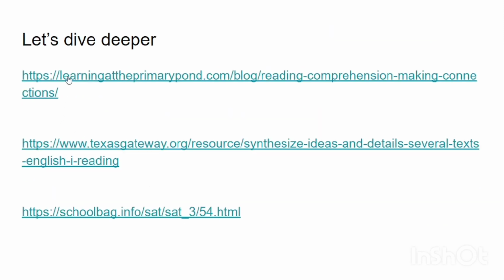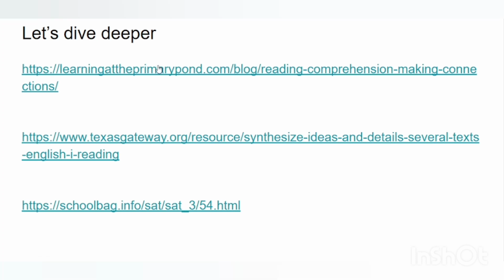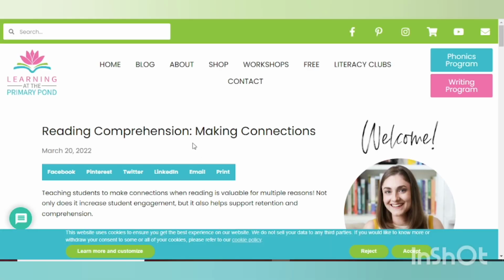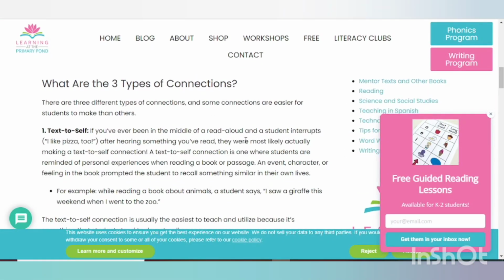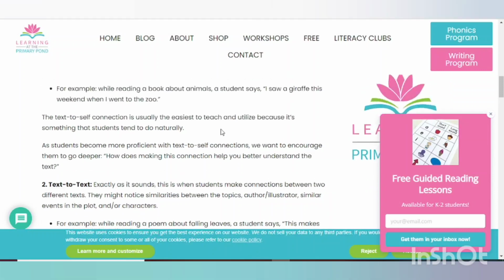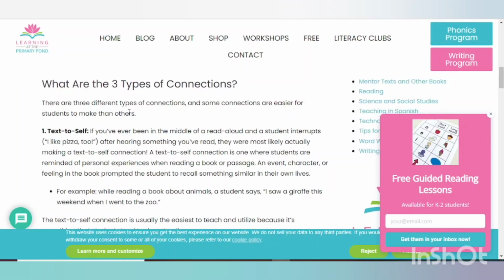So we're going to dive a little deeper so you can understand. I found three resources that we can dive deeper into what text to text, text to self, and text to world are. So this is Learning at the Primary Pond. I found this article. I just wanted to point out the examples that they have. So there are three different types of connections. You have text to self.